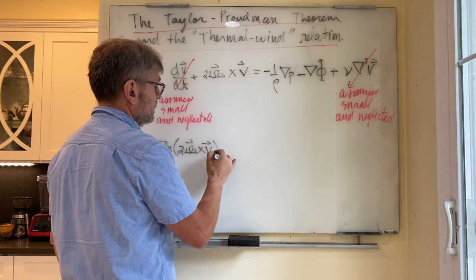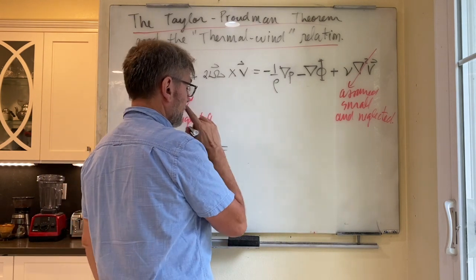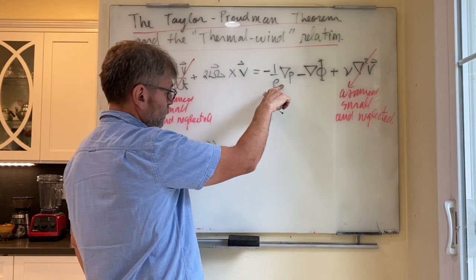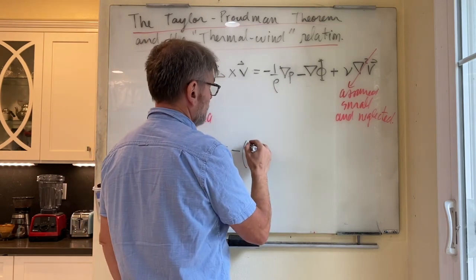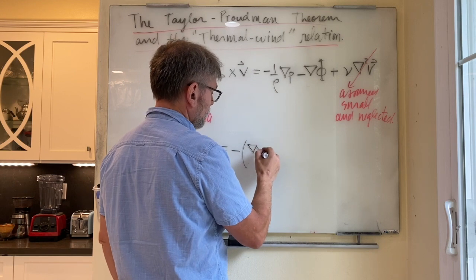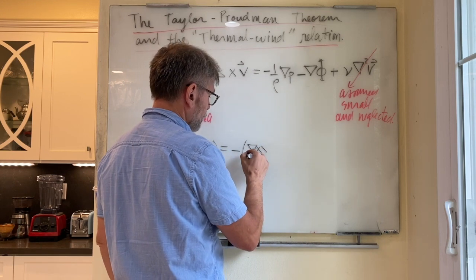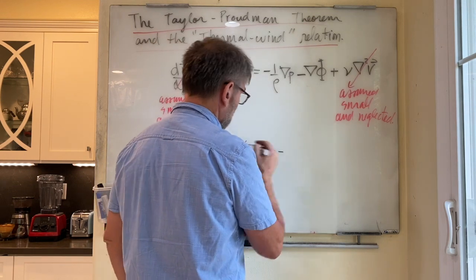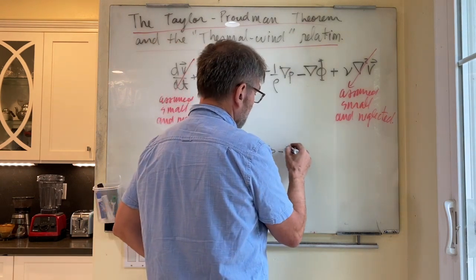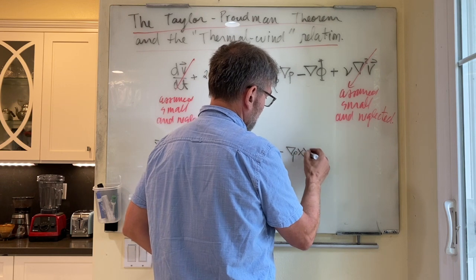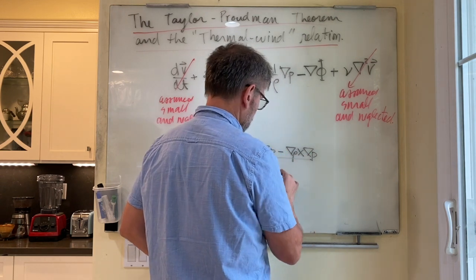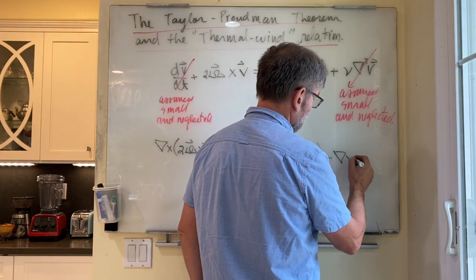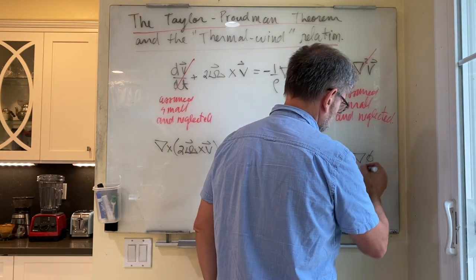v is equal to minus, and here when I take the curl of this, I'll use the quotient rule, rho times del cross grad p minus grad rho cross grad p all over rho squared minus del cross grad phi.